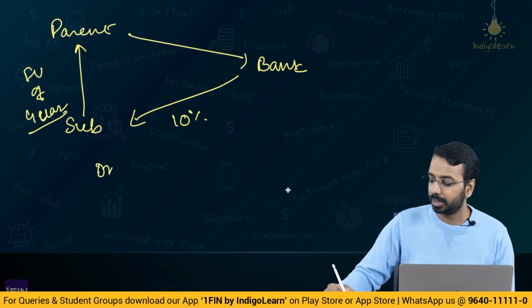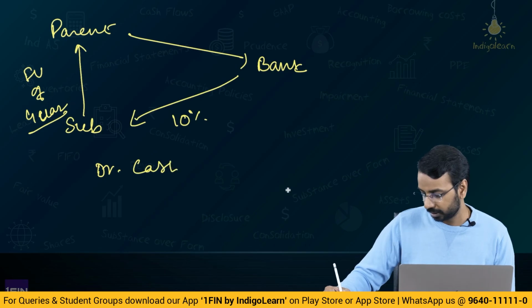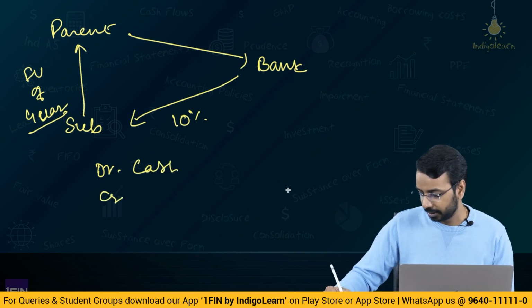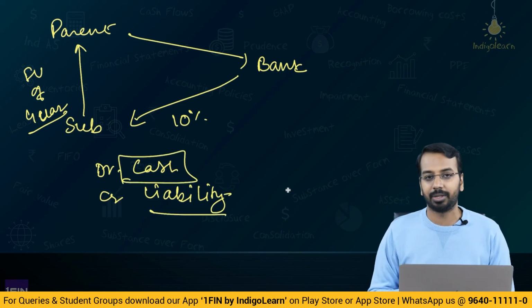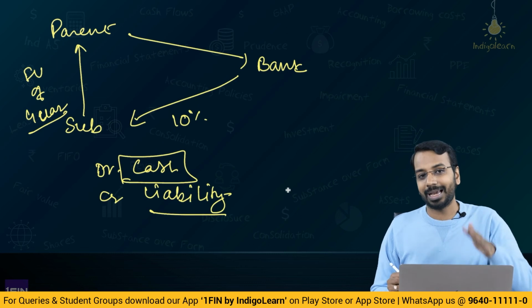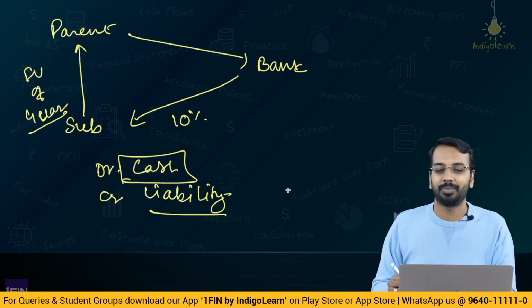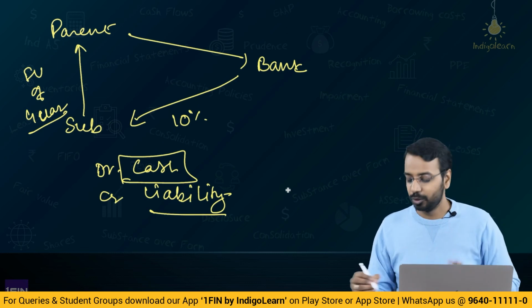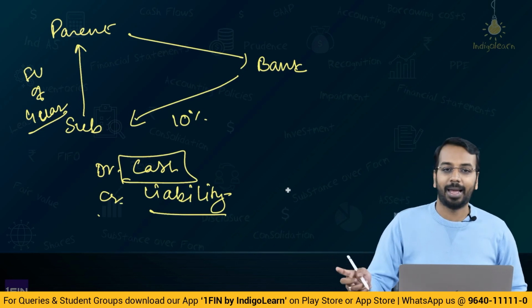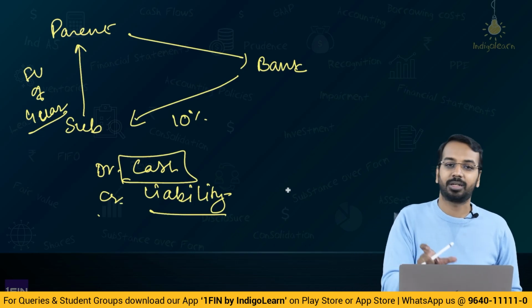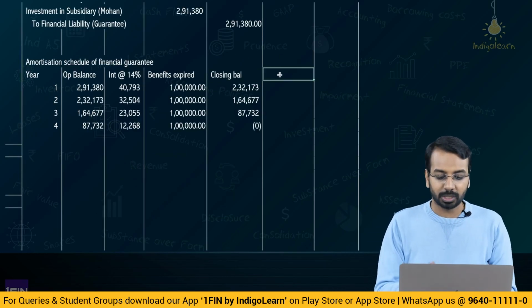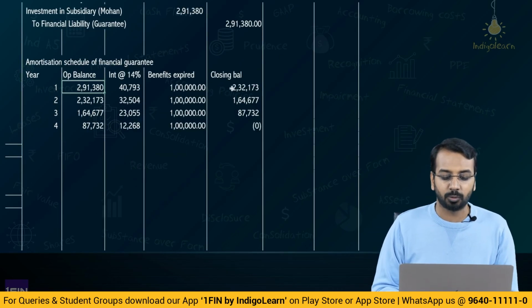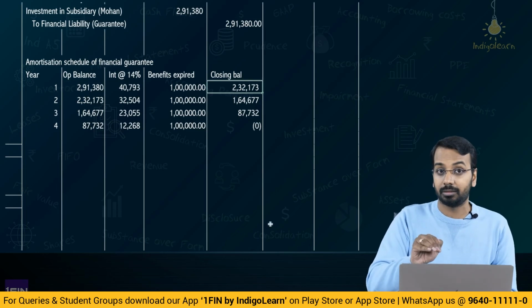Parent will debit cash, credit liability, correct or not? Because they have got the cash and now they have credited the liability. Now, at the end of year 1, the liability has reduced. So, what will that be? That will be a gain. So, every year the movement of liability, whatever is the change in the liability, that will be recognized as a gain.